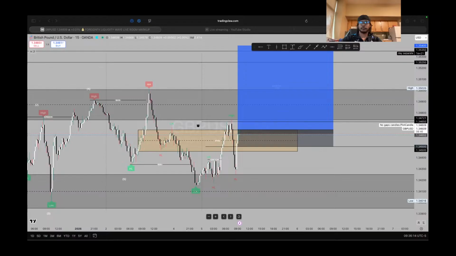Not order block, fair value gap. So let's put where my entry is at.